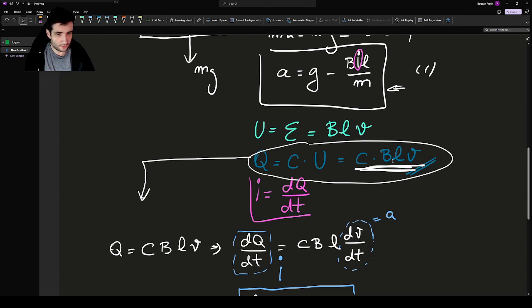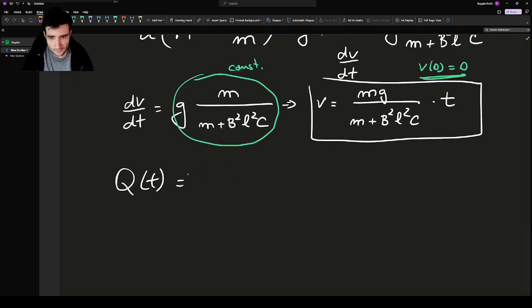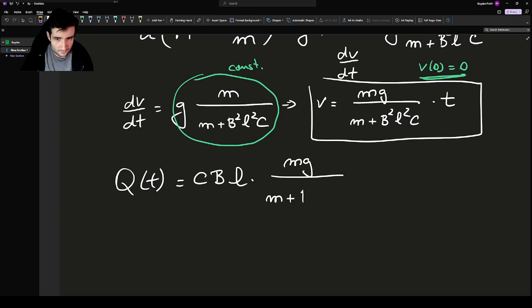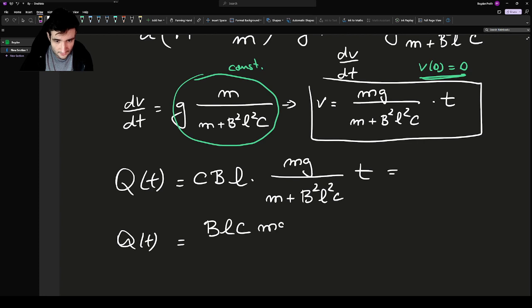CBL multiplied by V. So that would be CBL multiplied by V, which we just got, which is mg over m plus b squared L squared C times t. We can tidy this up a bit, and we'll get the fact that the charge with respect to time is B times L times C times mg.